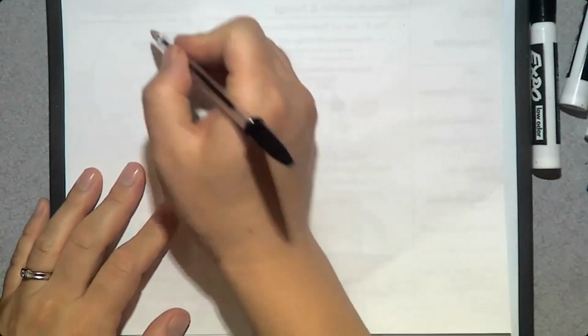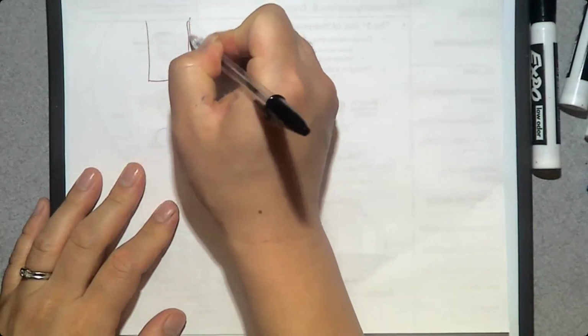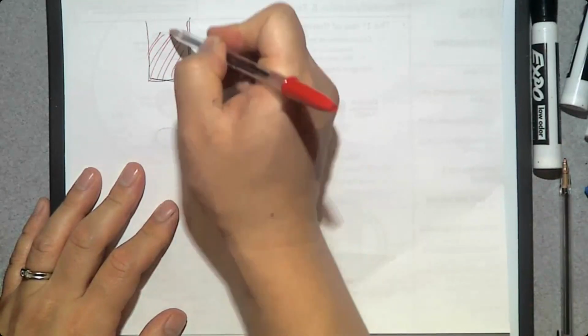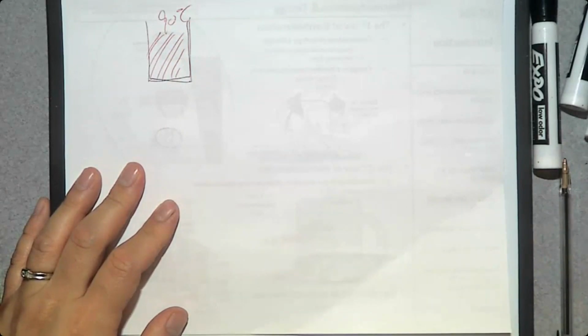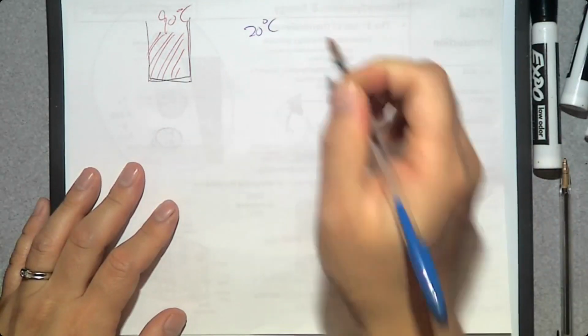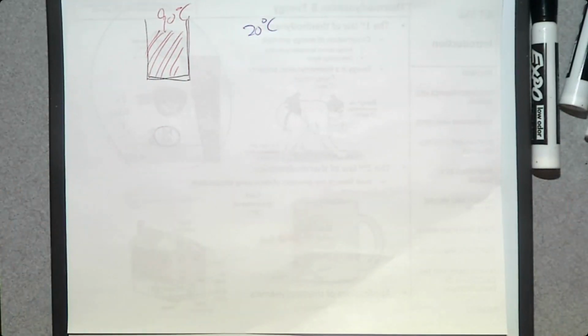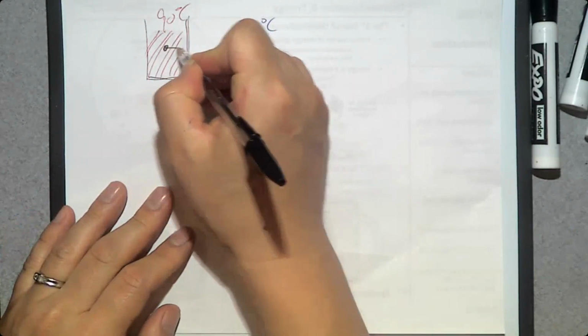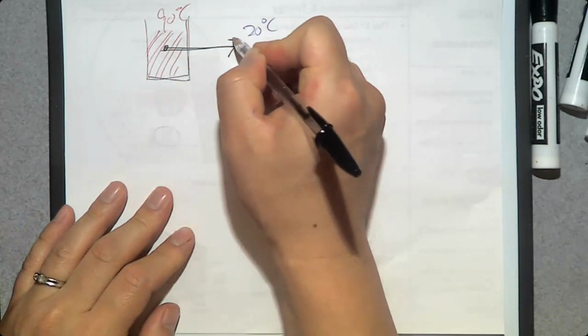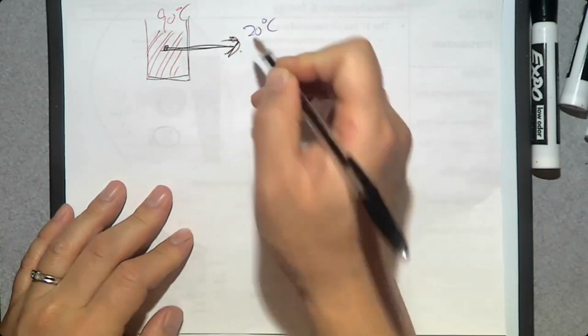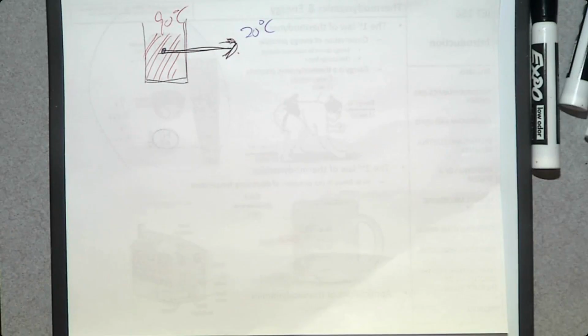So if you have a hot coffee, so you have a cup and there's a hot coffee inside, 90 degrees Celsius. There is air outside, 20 degrees Celsius. Then you expect the direction of heat transfer is going to be from here to here. So this is the direction of heat transfer based on the second law of thermodynamics.